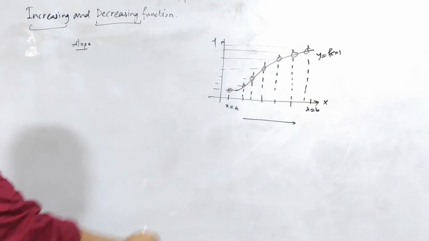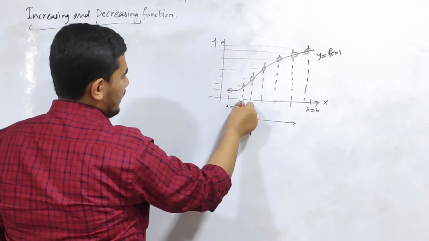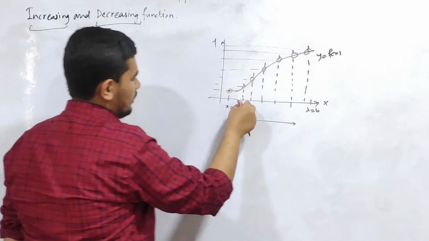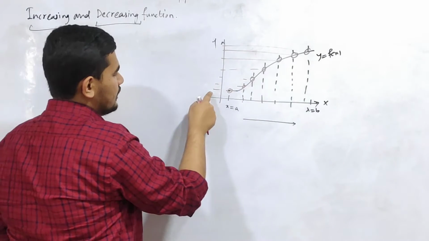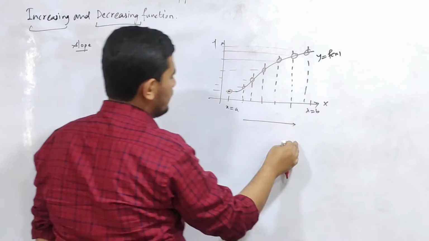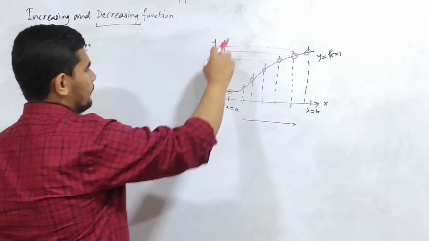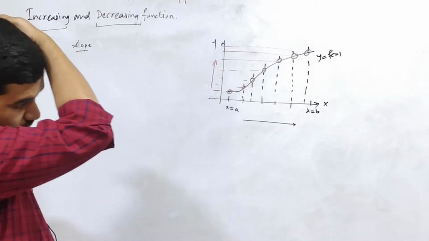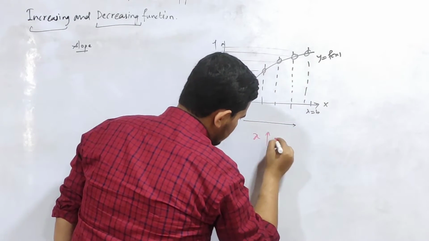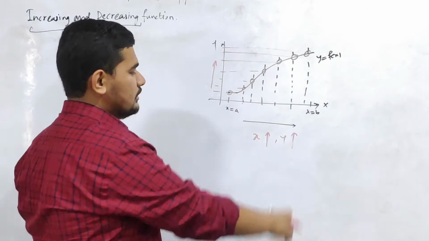When I have x equal to a, I have a certain y value, then I increase x to a different value and I have another value which is greater than the previous one. When I am moving from left to right, these values are also moving from bottom to top. So these kinds of functions, where I increase x and y is also increased, are called increasing functions.